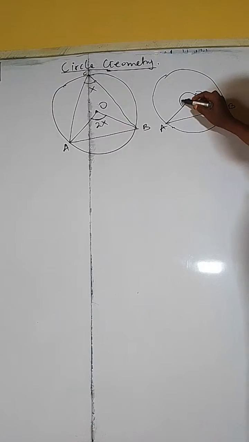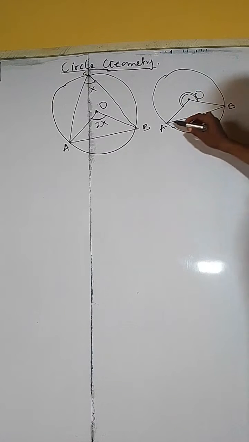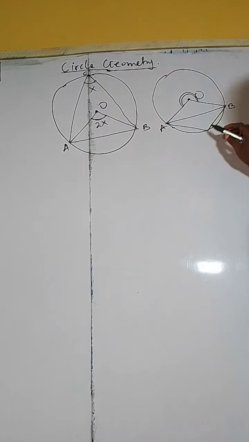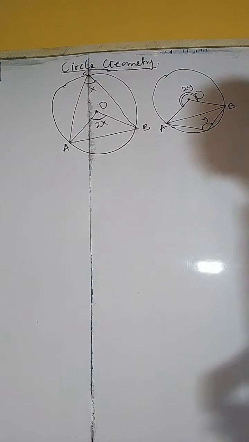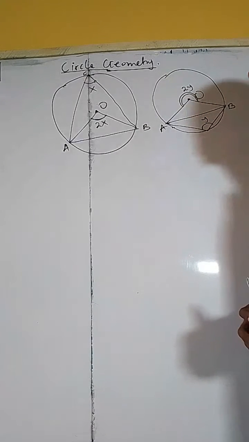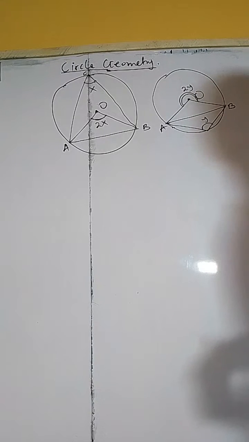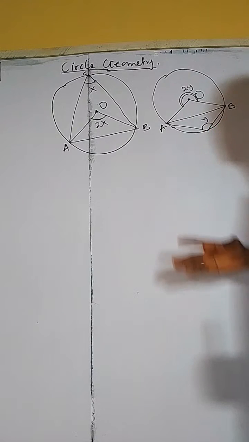So the angle formed at the center here is twice the angle formed at the circumference on the other side here. So this angle is at the circumference here. If it is y, the angle at the center here is 2y. We looked at the proof of that theorem in our last live class, so endeavor to check to see how this theorem is proved.